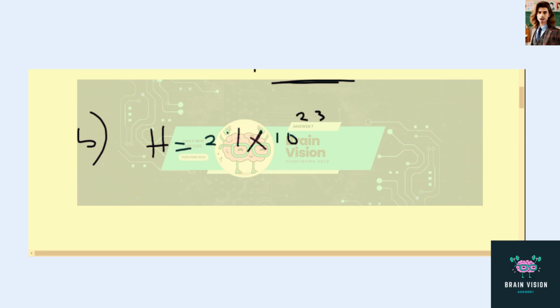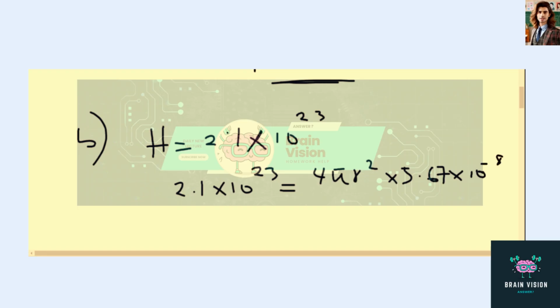We have 2.1 times 10 to the power 23 is equal to 4 pi r squared multiplied by Stefan Boltzmann's constant, 5.67 times 10 to the power negative 8, multiplied by the thermodynamic temperature for the Procyon star, 10,000, to the power 4, and then multiplied by emissivity, which is 1.